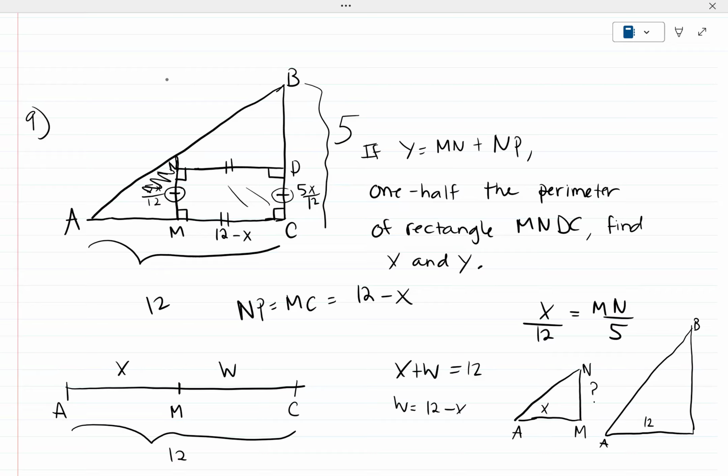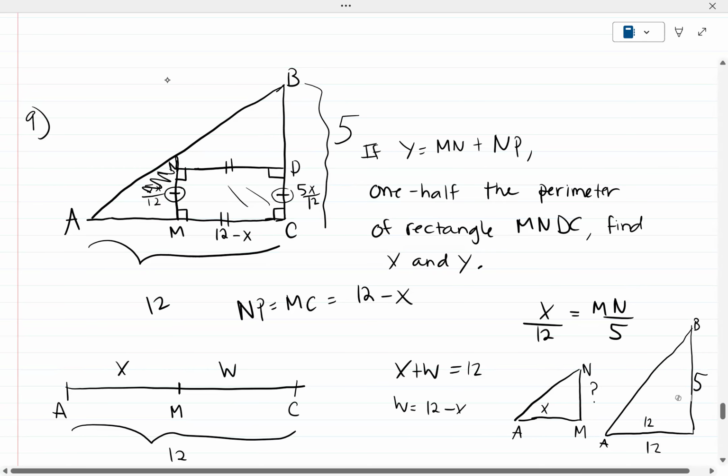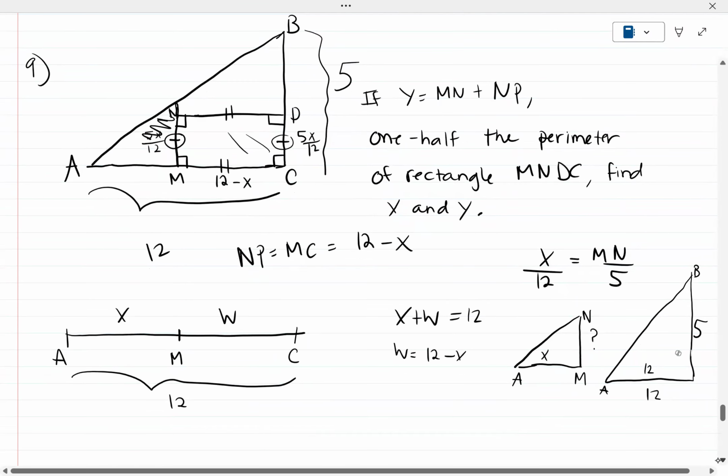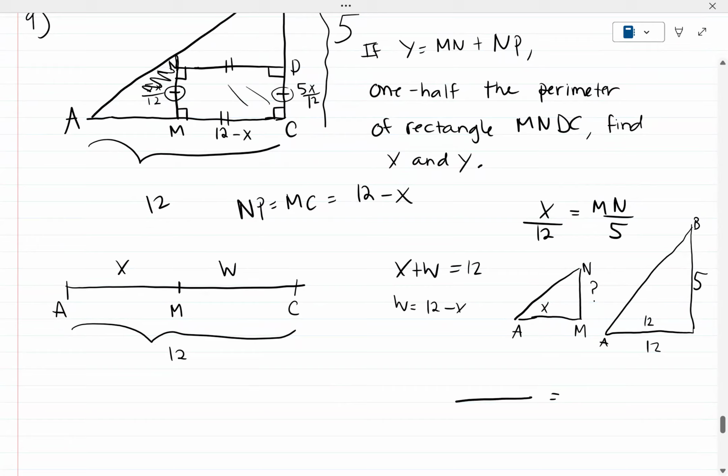The length of AC is 12, and the length of BC is 5. Okay, so we've got to find NM. What we could do is set up a proportion now. We could say X over 12 is equal to MN over 5.